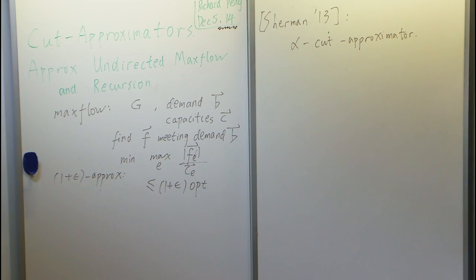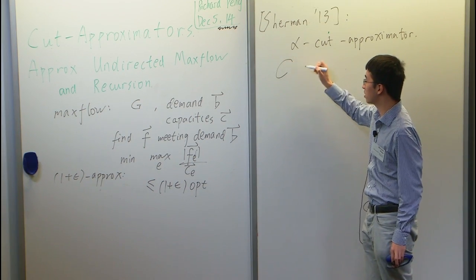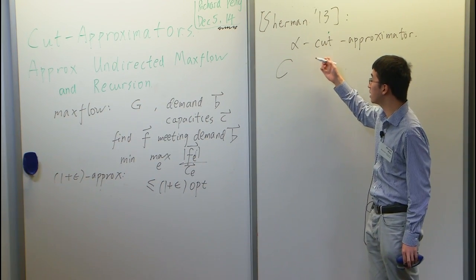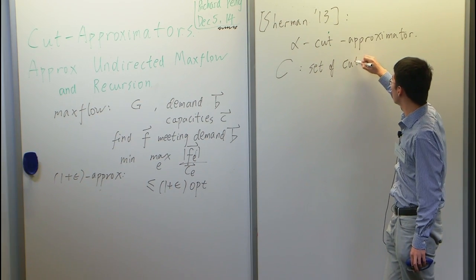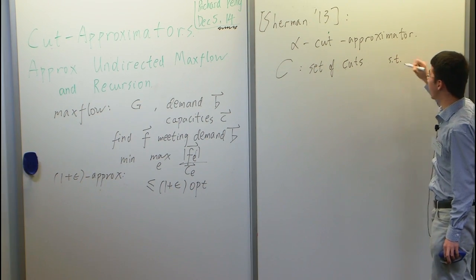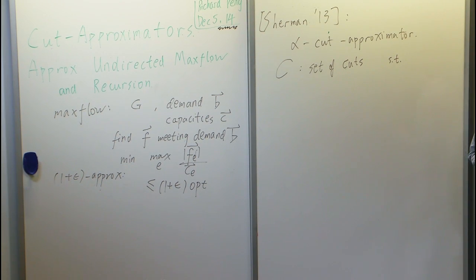A cut-approximator is a set of cuts, called capital C, such that for any demand, I can approximate the minimum congestion required to route that demand by examining all cuts in this family.